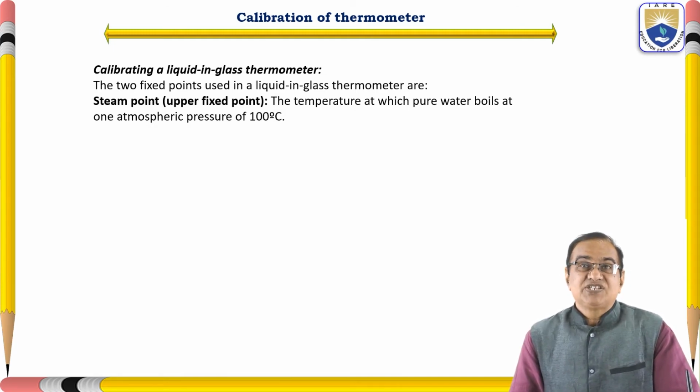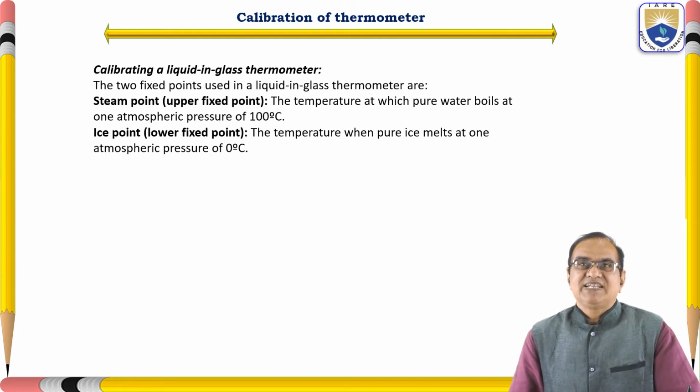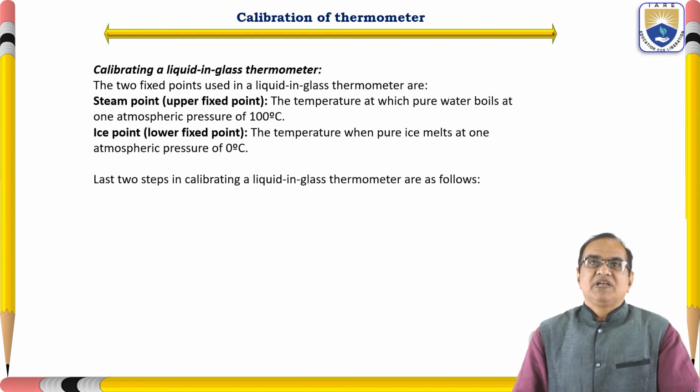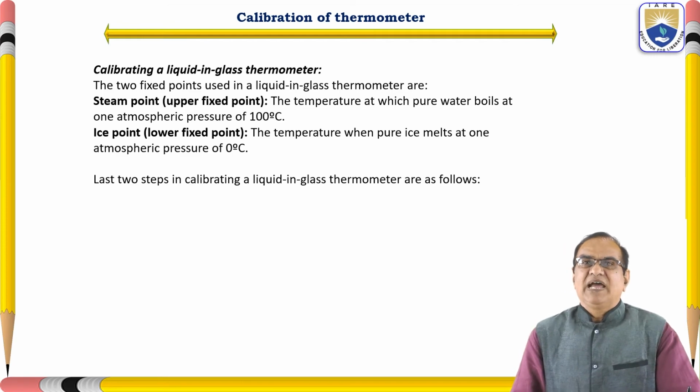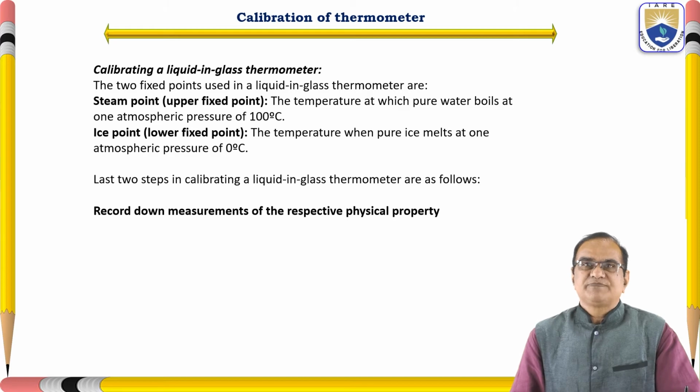So that is the steam point. Then the ice point is the lower fixed point, the temperature when pure ice melts at 1 atmosphere pressure, 0 degrees centigrade.